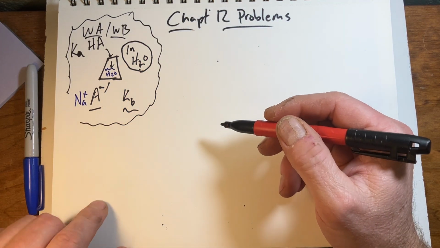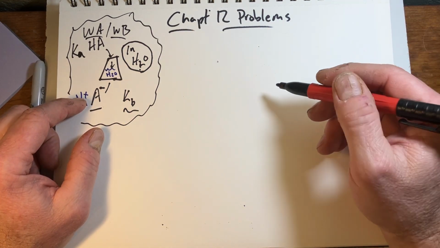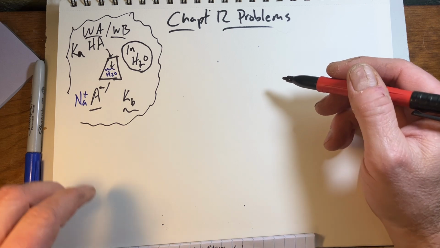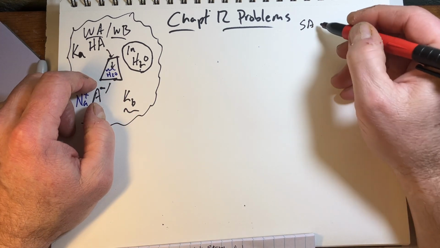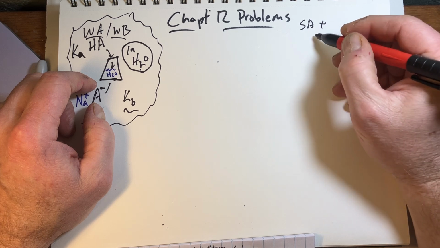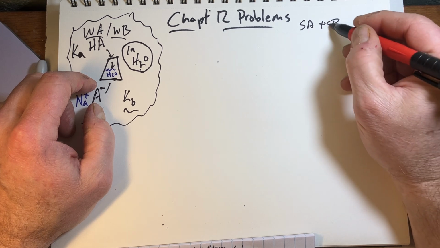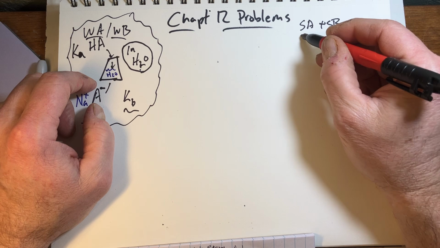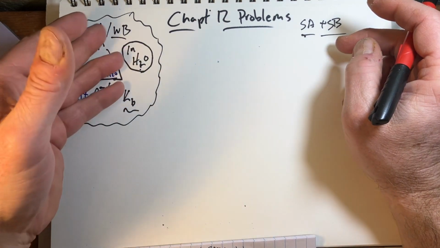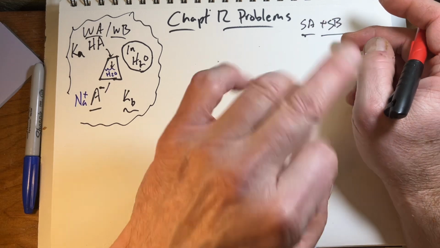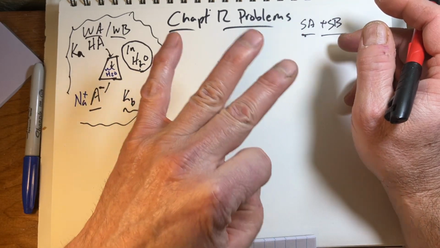So that's one. The second one deals with a strong acid, we'll go to the other side, plus a strong base. So we'll have that kind of situation where we don't have a weak acid with water. We'll have three things added together.